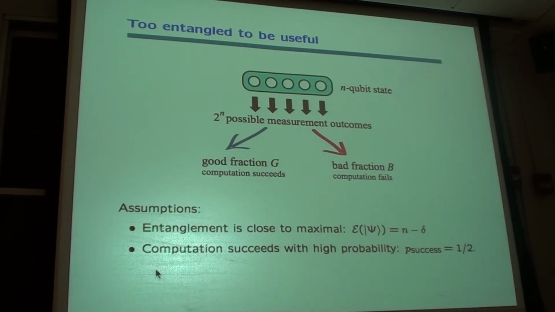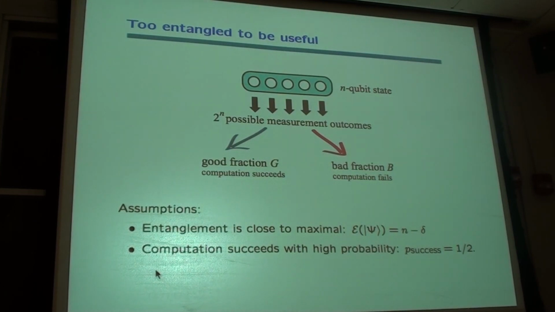I'm just saying, if I get those measurement outcomes, then I can do my stuff and get the right answer for this computational problem, and here I fail. So now we are invoking just 2 assumptions. Namely, that the geometric entanglement of the state we are starting with is almost maximal. So it is n minus a little bit delta.